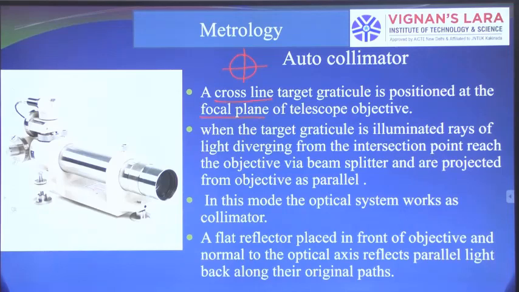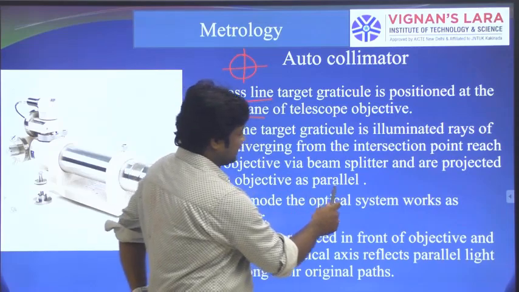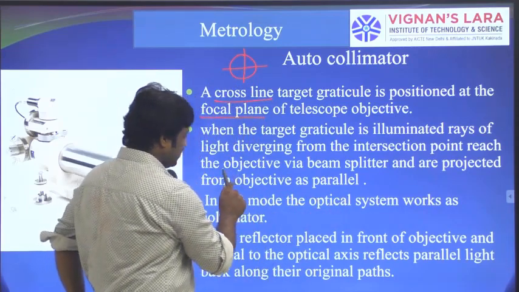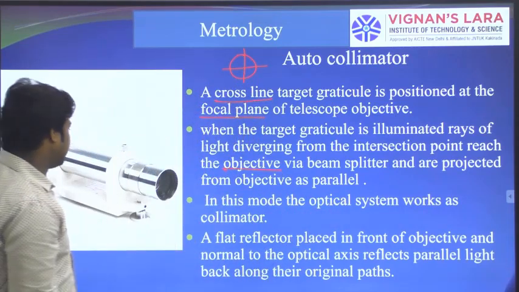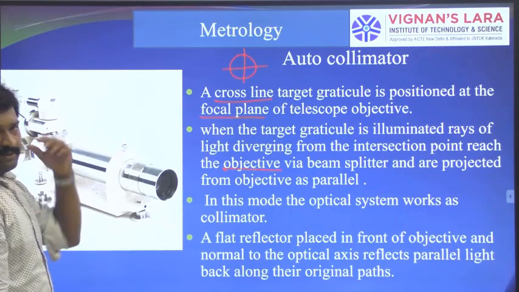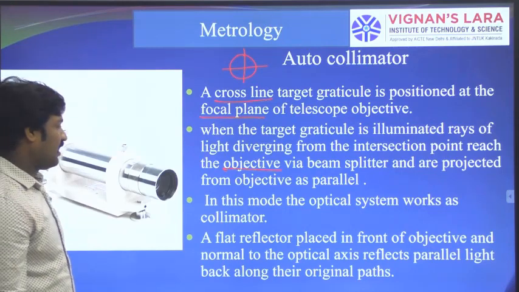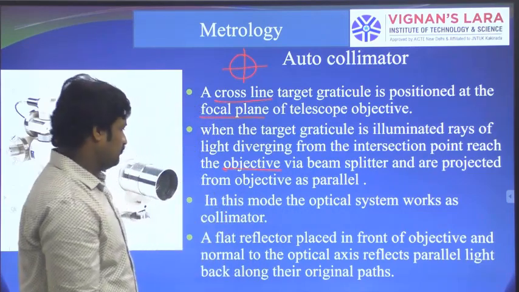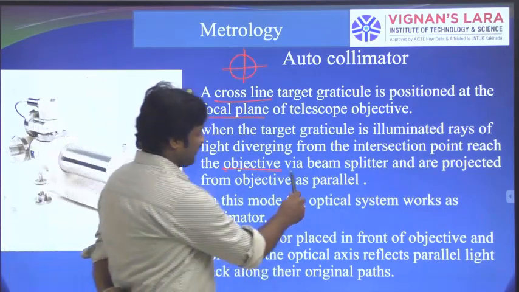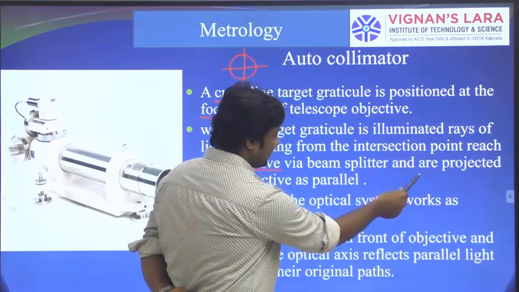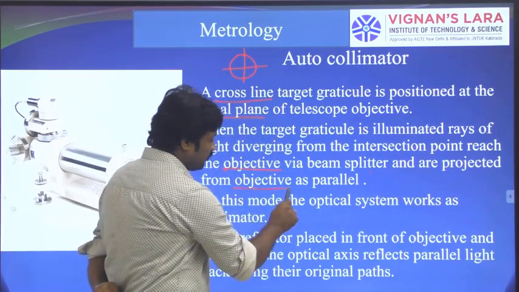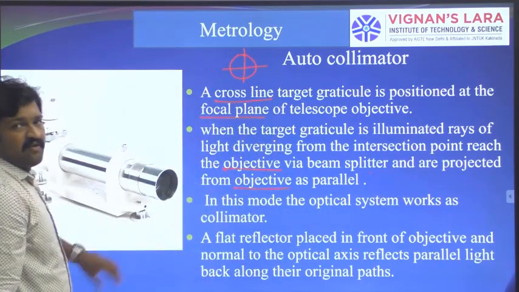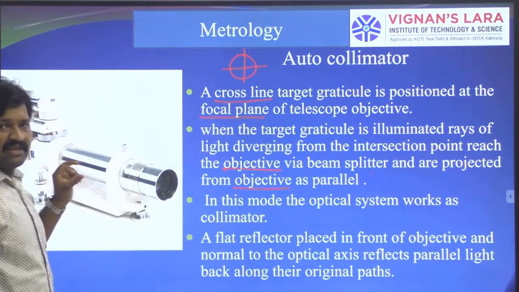When the target graticule is illuminated, rays of light diverging from the intersection point reach the objective via the beam splitter, and are projected from the objective as parallel beams. So from the objective lens, the beams travel in parallel.